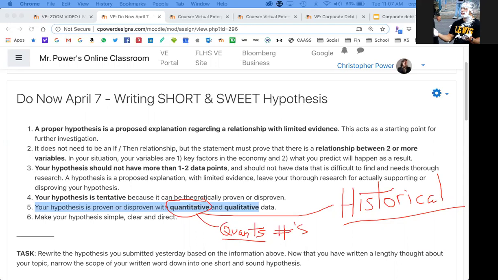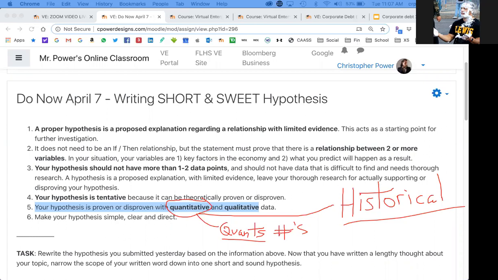So let's do it this way. Quantitative data would be: Starbucks processed $4 million worth of sales on Tuesday. Qualitative: driving past Starbucks, there is a huge line of cars waiting to purchase and not go inside.